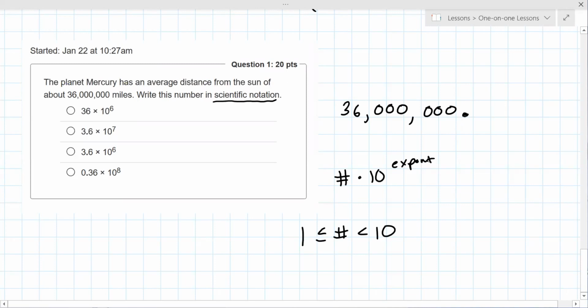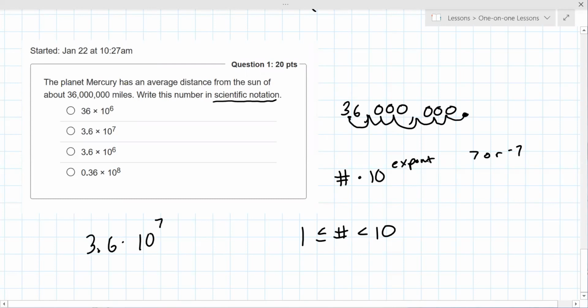So you move the decimal until you get a number between 1 and 10. So you go 1, 2, 3, 4, 5, 6, 7. The number of times you move it tells you the exponent, so it's either 7 or minus 7. The number that's left over is 3.6. So this is 3.6 times 10 to the seventh.